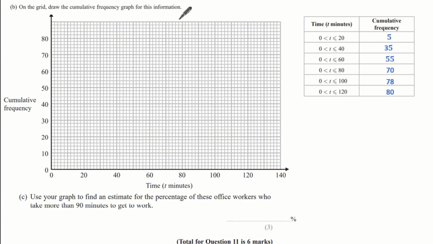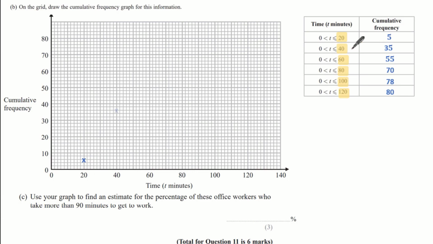Now the question wants us to draw the cumulative frequency on the grid provided. Now it's important to note that you must always plot the upper value of our class interval, because this is the maximum that it could potentially be. So we plot our 20 minutes against our cumulative frequency of 5.